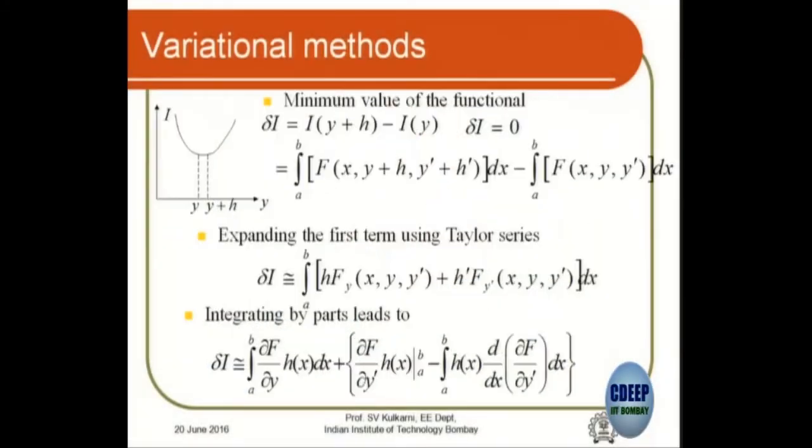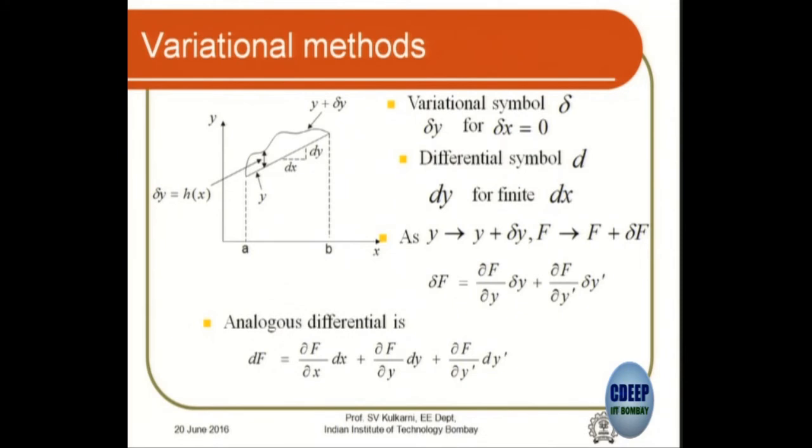So effectively what you are doing is varying h of x at every point, at every x, and you will see that when you vary h of x at every point, you will get different sets of y values or potential values, and one of those infinite combinations of potentials will give the minimum.